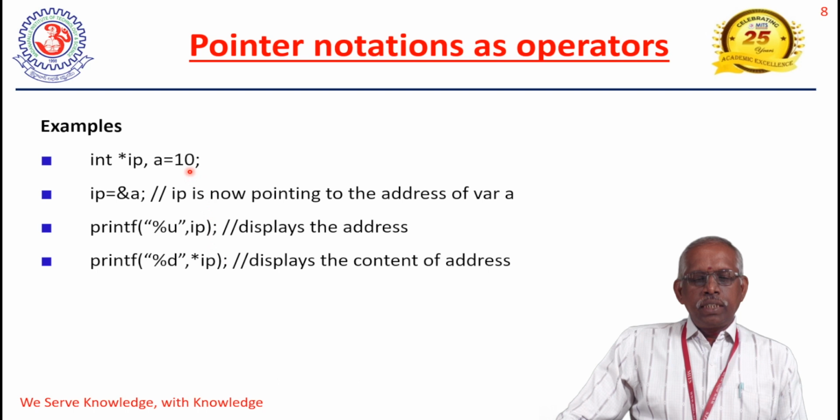Because 10 is available in the particular memory location called A, where A is stored. Now we are pointing to A, so it will show the content. That's the reason we call the star symbol an indirection operator. It will access the value through another variable.